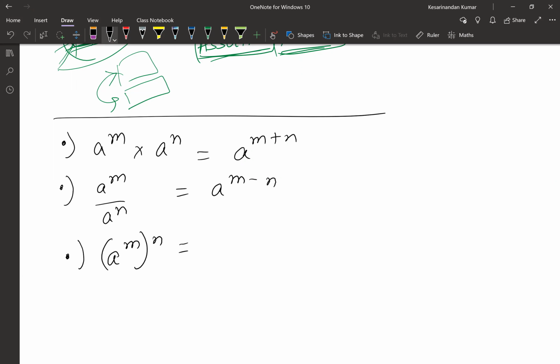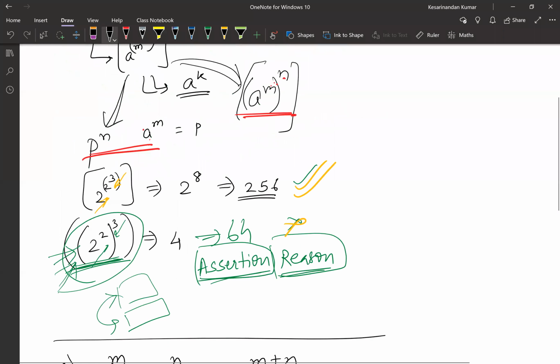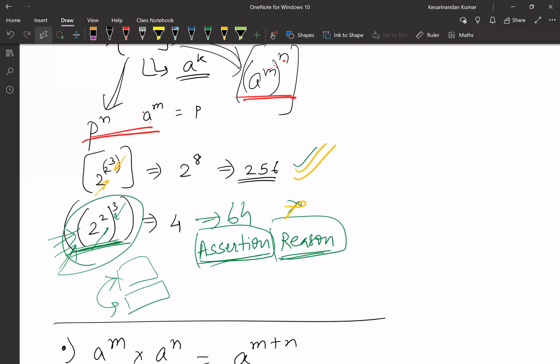Now comes the interesting part, and maybe you could relate to it now. This is how we were making a mistake in the second part. If we solve it like this, it should be 2 raised to 6, and this is 2 raised to 8.